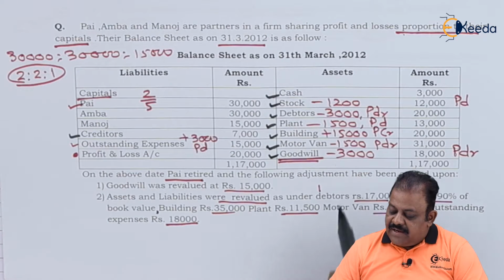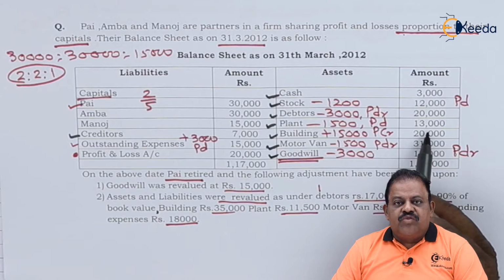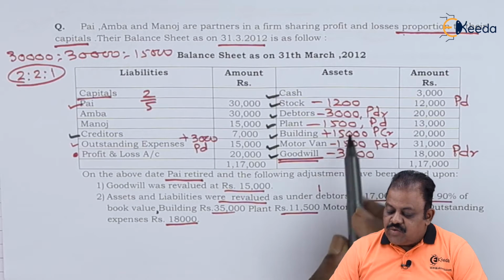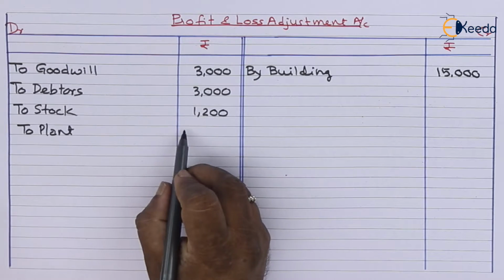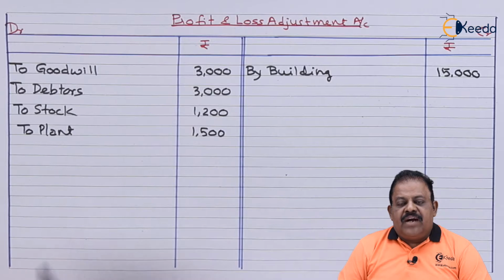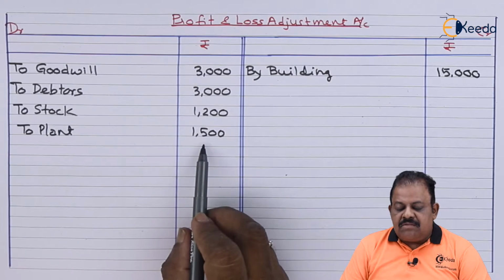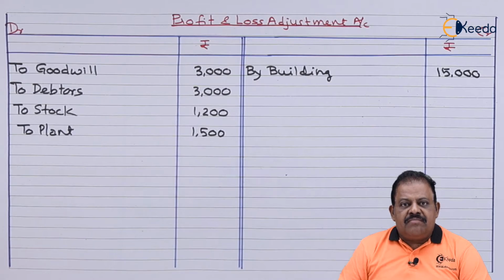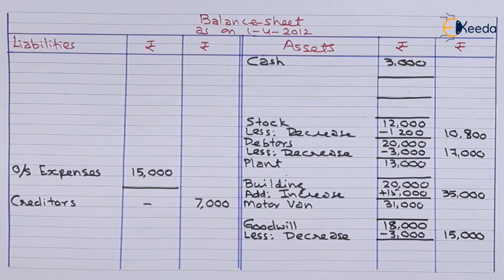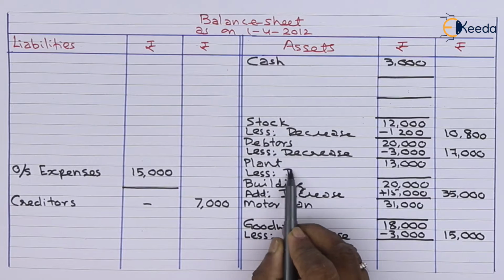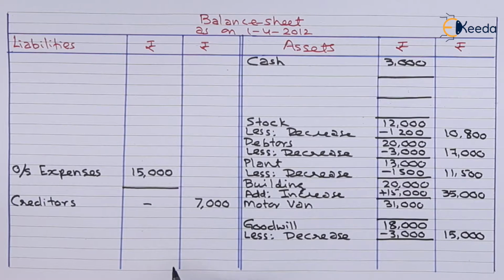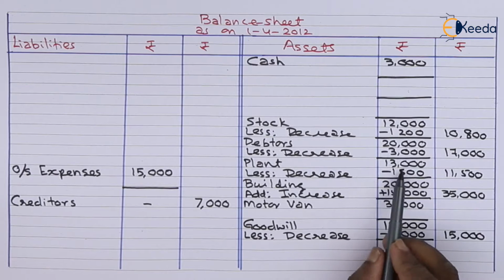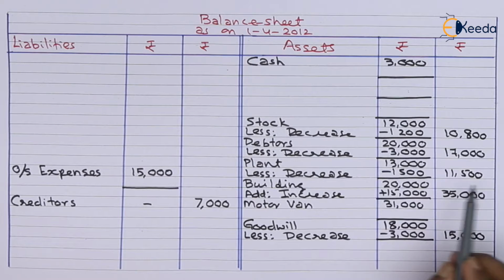Plant 11,500. Plant here is 13,000, so it is reduced by 1,500. Profit and loss adjustment account debit to plant 1,500. Asset side, plant 13,000 less decrease 1,500, outer column 11,500.